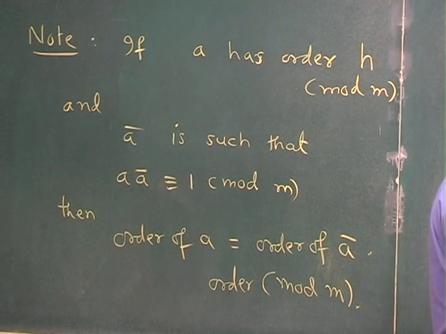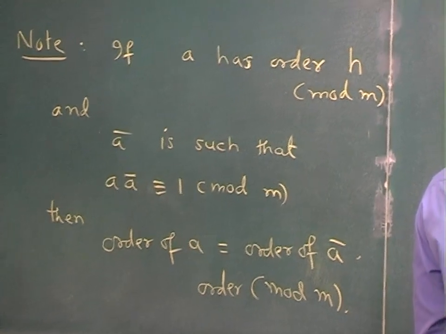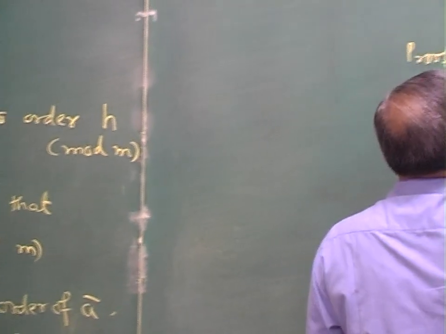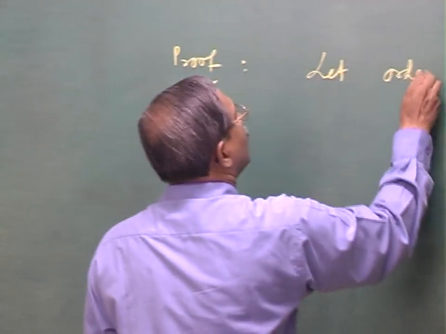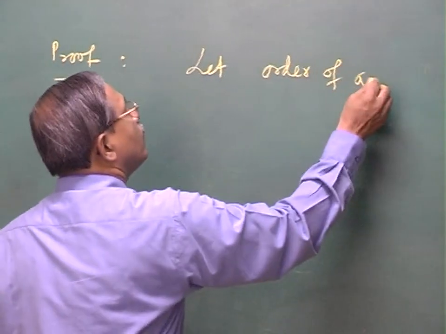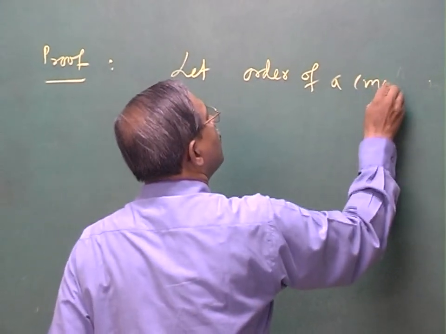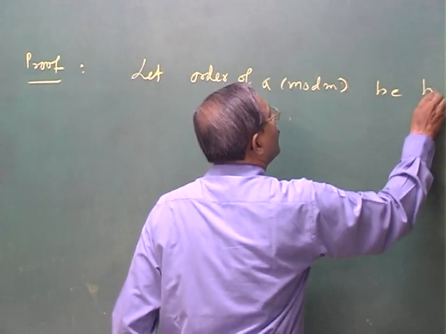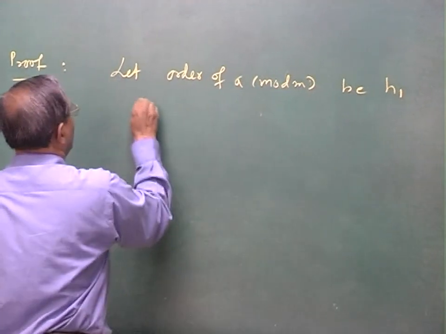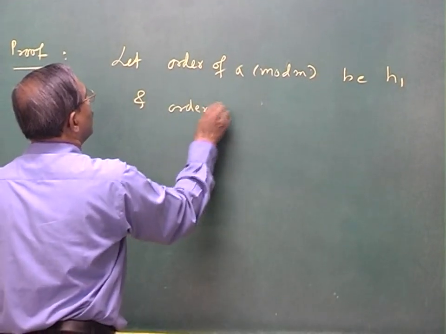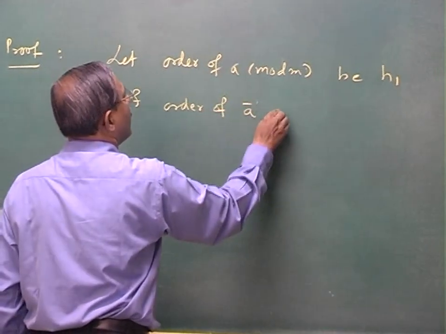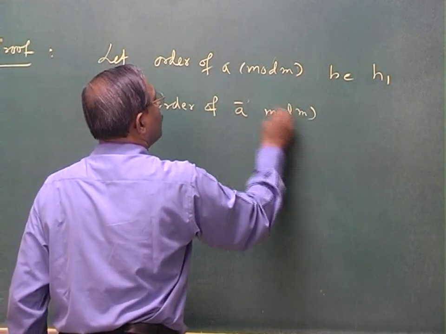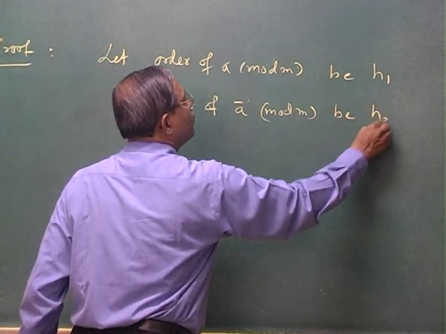So, proof of this: let the order of a mod m be h1 and the order of a bar mod m be h2.